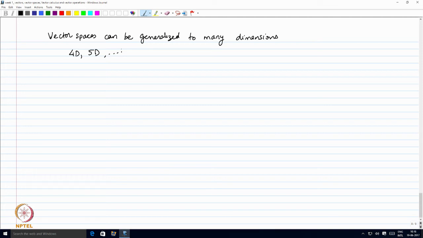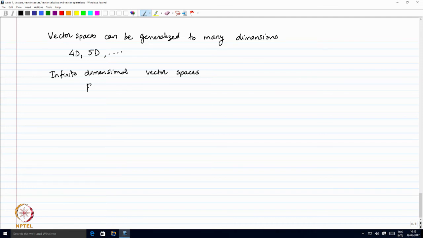Okay. Now, you can also go to a different type of vector space, which is called the infinite dimensional vector space. Okay. For example, I will just give one example of an infinite dimensional vector space.